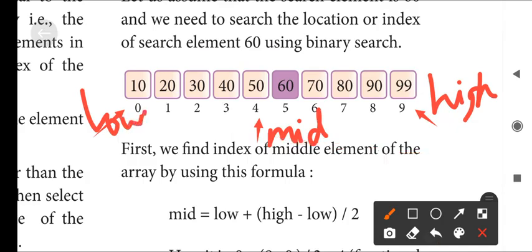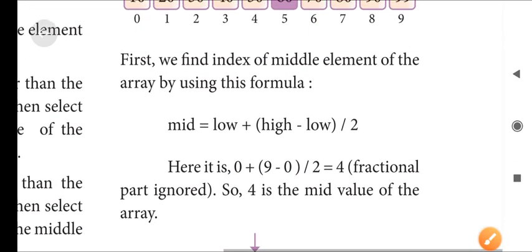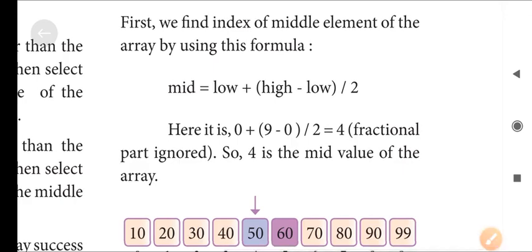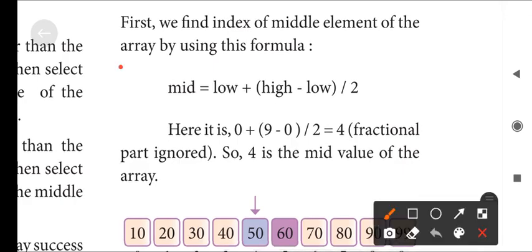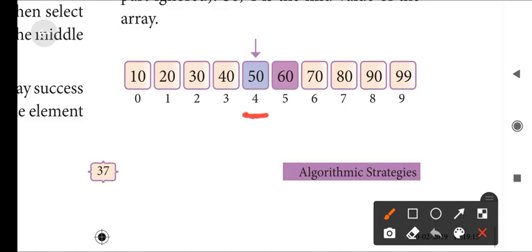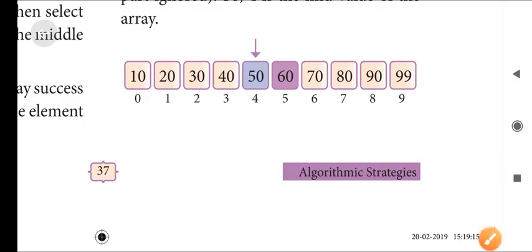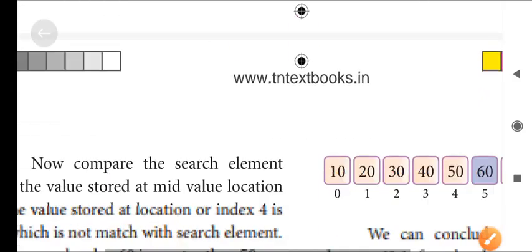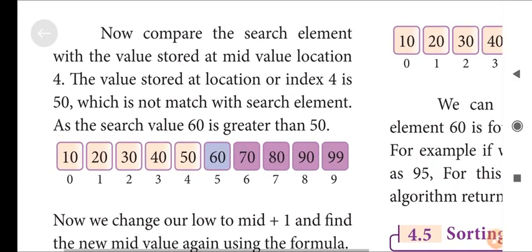First, we find the index of the middle element of the array by using this formula. Now we can find the mid value: the mid value is 4. Next we can move to the next step.